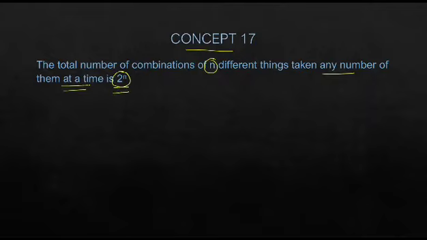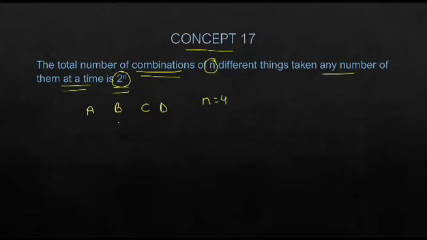Now what this basically means is, for an example, we can take 4 objects, that is A, B, C and D. So we have 4 objects, so n will be equal to 4. Now combinations is the ways of selecting. So if out of these 4 objects we need to select any number of objects, we can select even one object. To select one object we'll have 4 options, right?